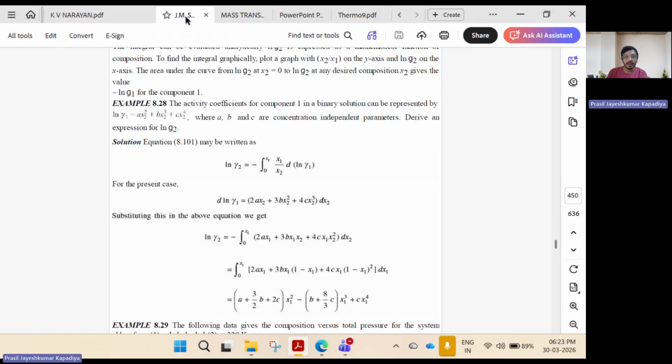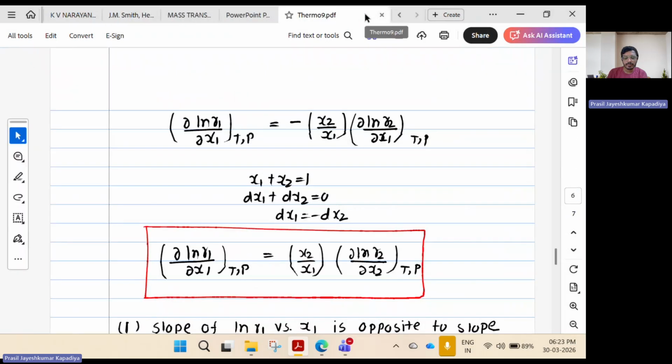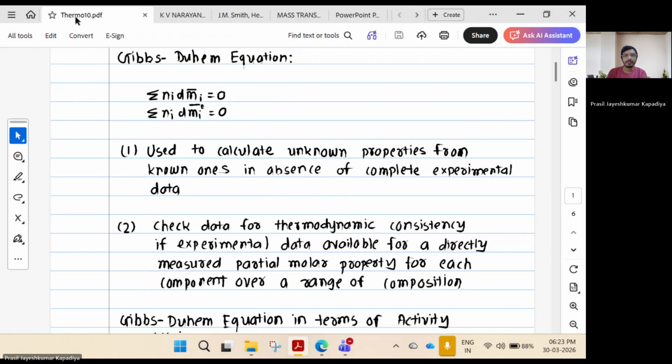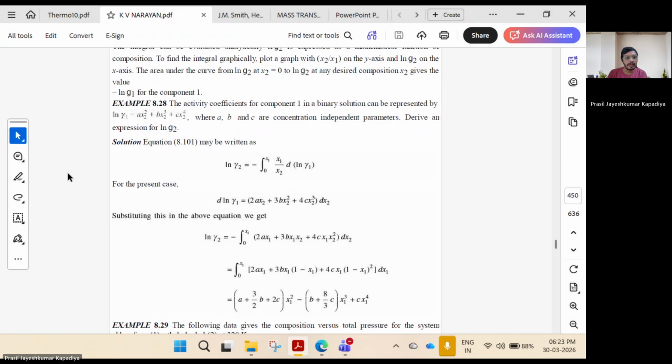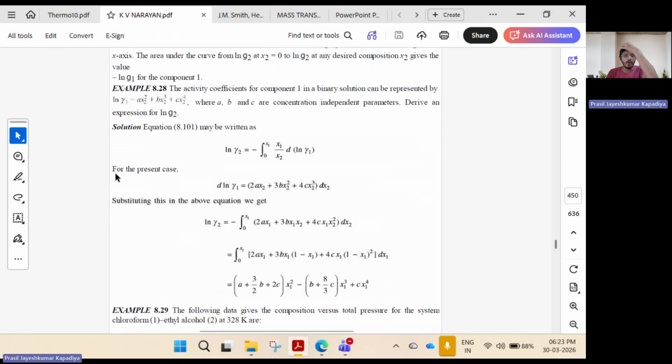Just a minute, I'm getting confused. So what will be my ln gamma 2?